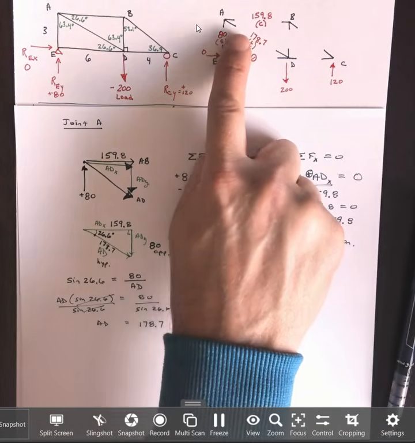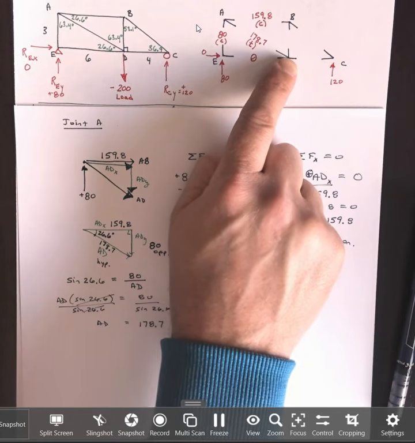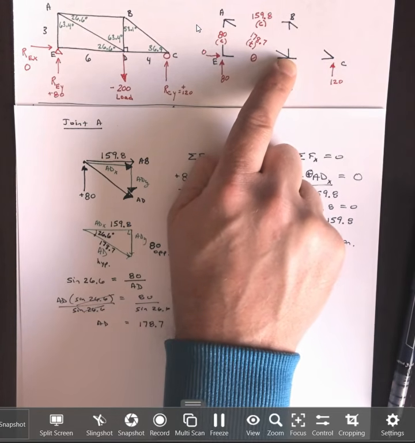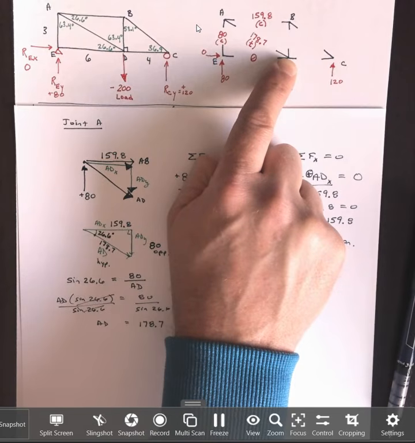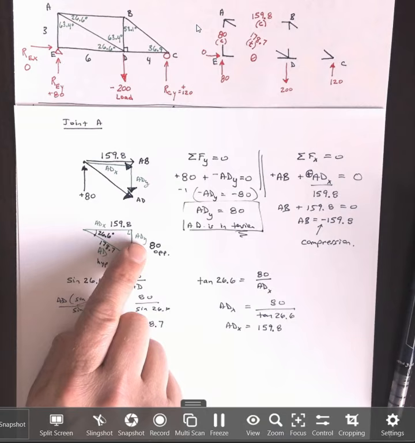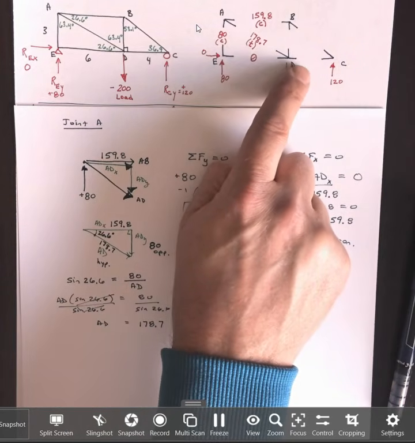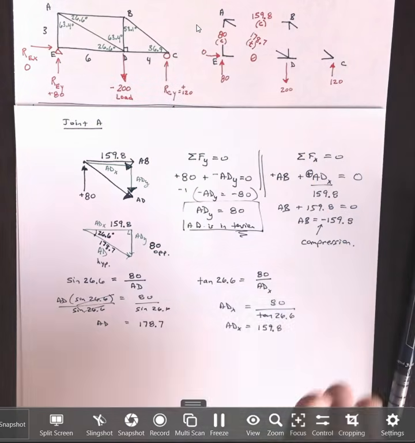So now that we got AD, we do have more. Excuse me, to come back to joint D. Not only do we have AD, we already have ADX and ADY, so we could go to joint D and label all of that. Actually might work out just fine.